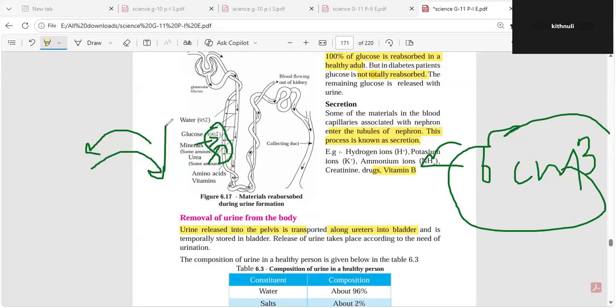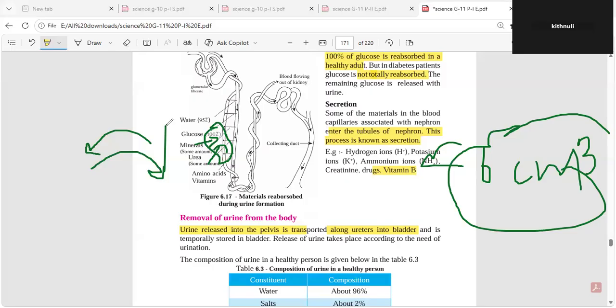Creatine is a protein, a name of protein. This is creatinine. Creatinine is a nitrogenous excretory product. Then the drugs, honey, vitamin B, right? About vitamin B is a water-soluble vitamin. You know that.